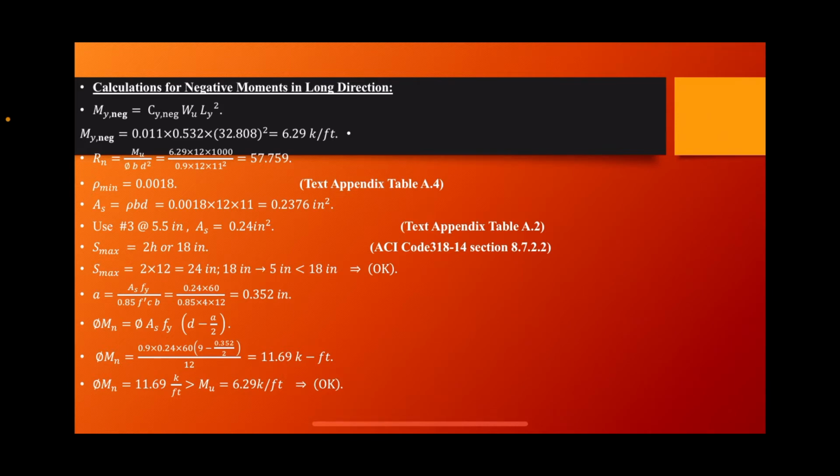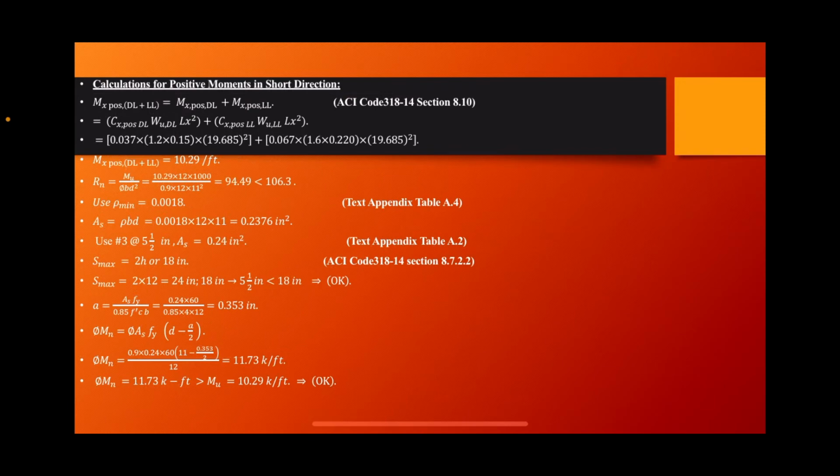So we use number 3 bar at 5.5 inches spacing. Then again we check for the maximum spacing. It's okay because it's less than 18, which is the maximum. Then for the design moment, we got 11.69 kip-feet, which is less than the ultimate moment at 6.29, which is safe.